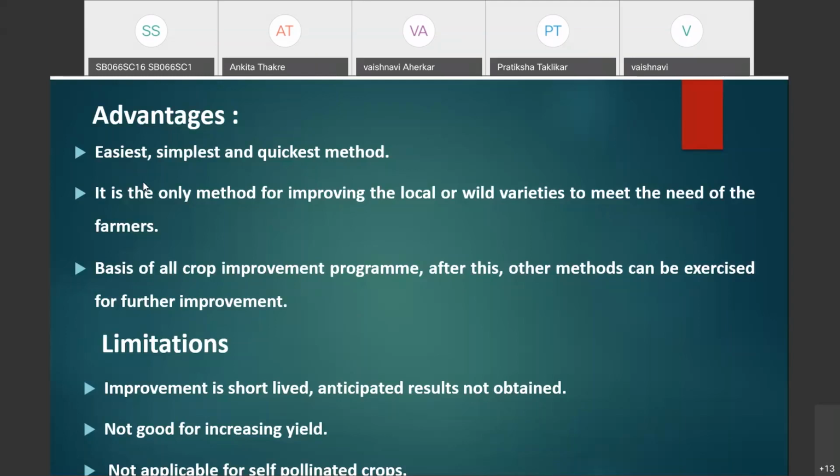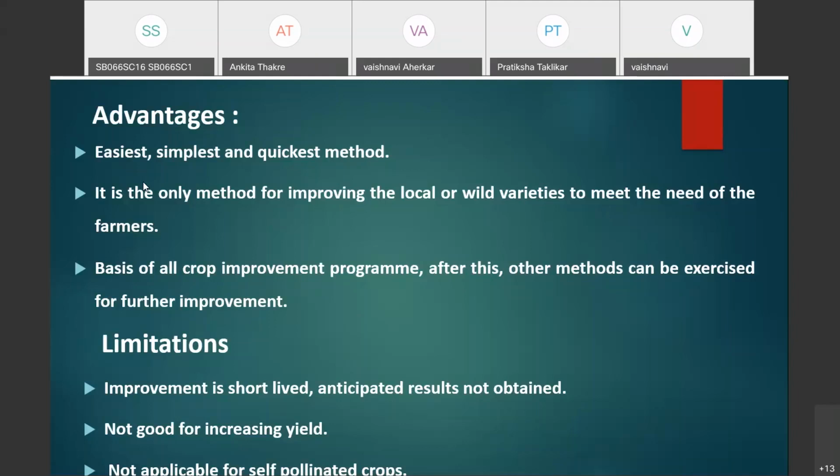When this variety is cultivated for a number of generations, due to the segregation of characters, the variety gets deteriorated. This is the important limitation of this method.